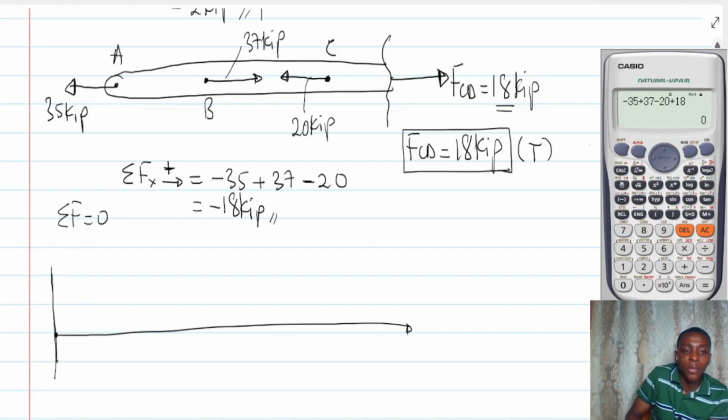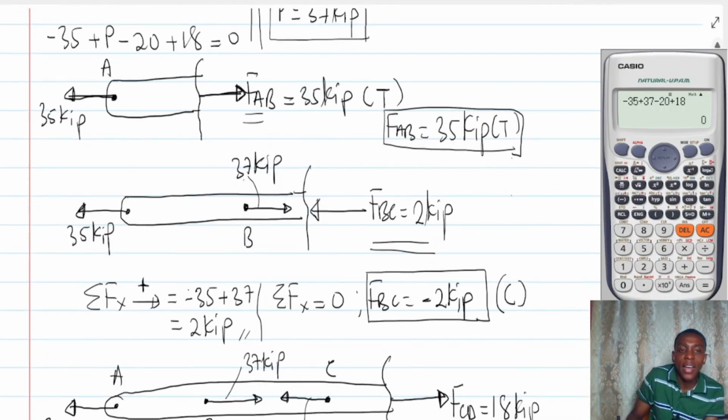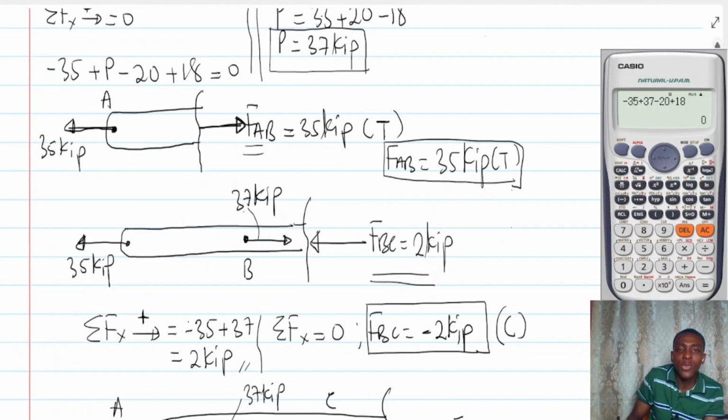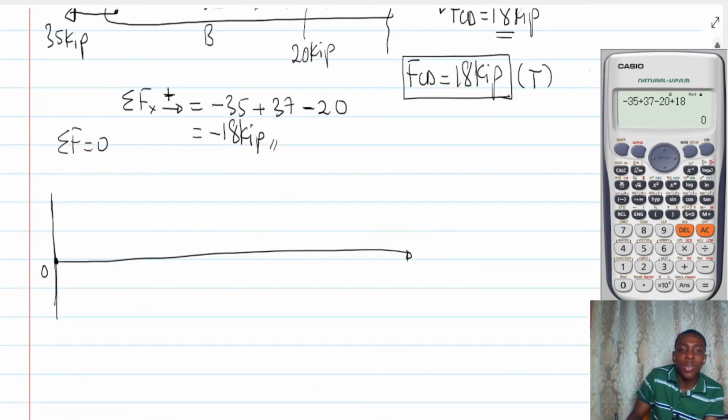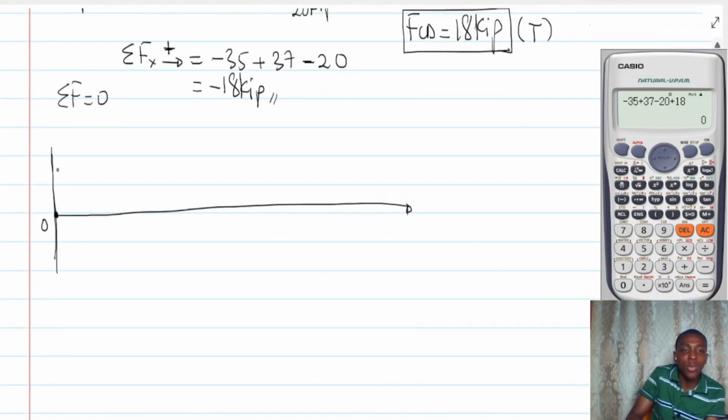So through the member, what is happening? All right. So what this means is that let's say this is 0. Let's go to the diagram. From A to B, what did we experience? We experienced a tensile force of 35 kip. It means that I'll move from 0 and then I'll move to 35 kip.